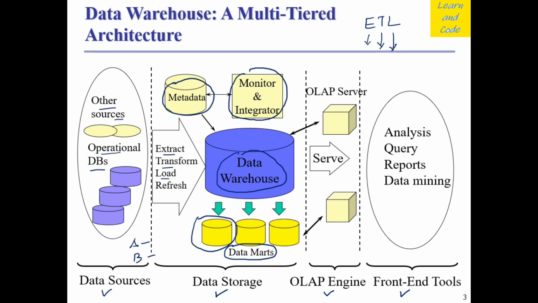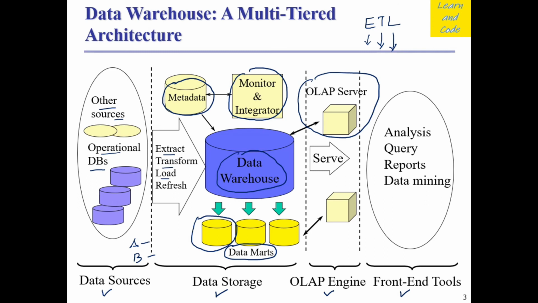Now once we have this data warehouse, we can perform the required analytical operations. All these operations will obviously be part of the data mining process, right? But for that we need to maintain servers, and these are known as OLAP servers. We have multiple types of OLAP servers that we'll discuss in future lectures.